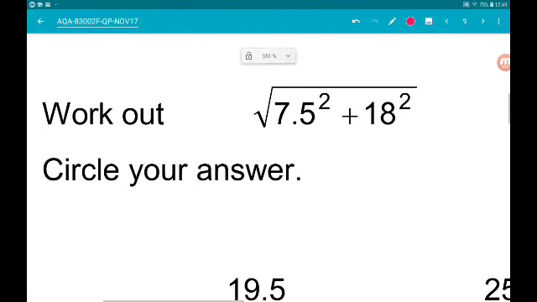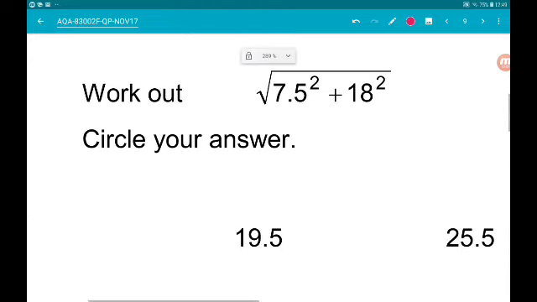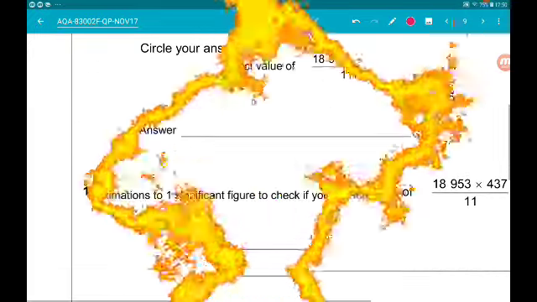Work out the square root of 7.5 squared and 18 squared. Okay, so make sure using your calculator you get 19.5. Cool.